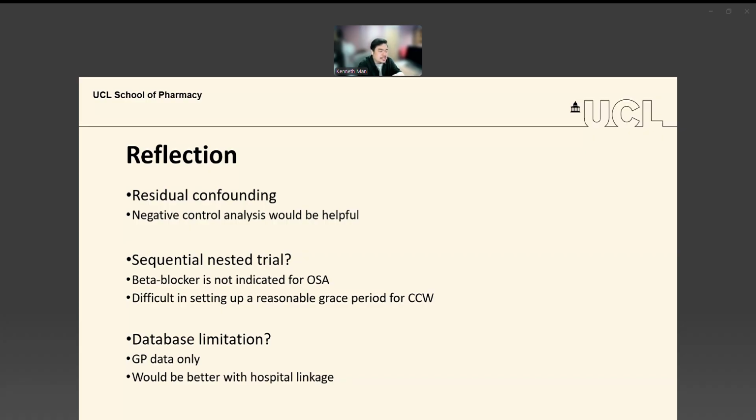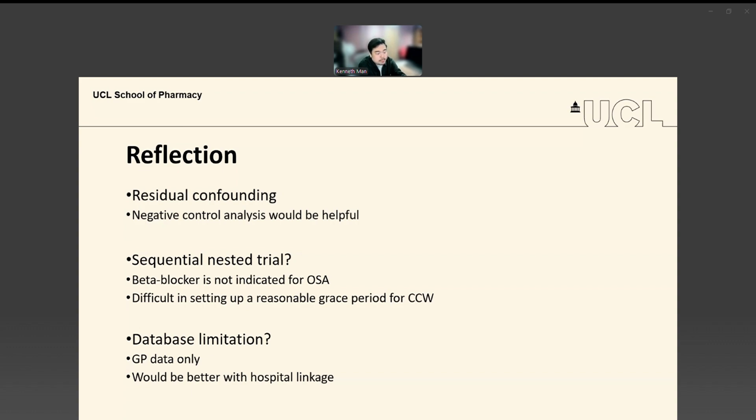The second question that I ask myself is whether clone-censor is the best approach for this particular question. Potentially a sequential nested trial may be a better alternative, because beta blocker is not really indicated for sleep apnea, and in order to apply clone-censor, we need to implement a relatively long grace period.